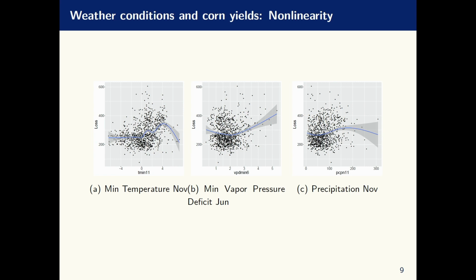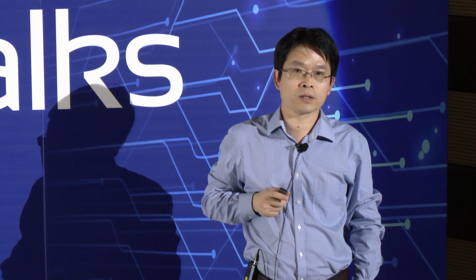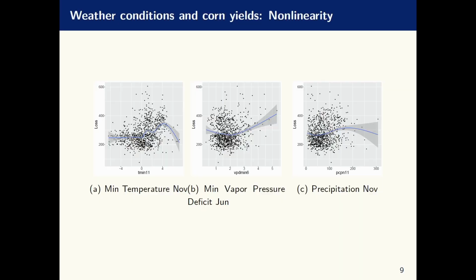In the second panel, we show results for minimum vapor pressure deficit in June. And the last one is precipitation in November. From this graph, you can see clearly from those blue curves that the production loss does not move linearly with those weather conditions. It's not a linear pattern.